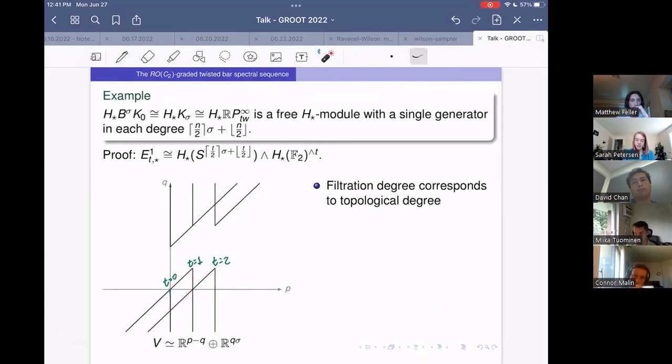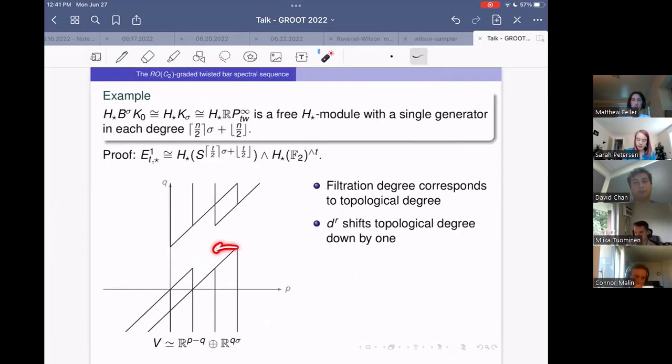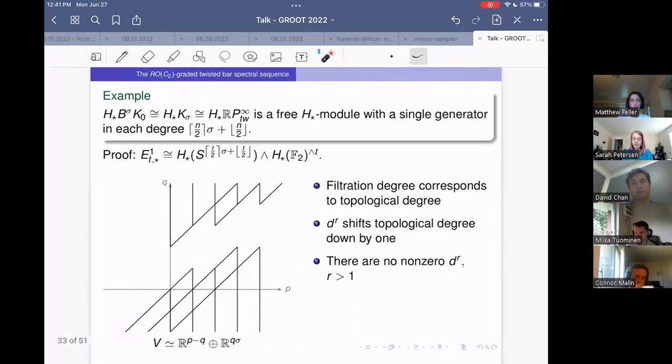And something about differentials: they can only decrease by 1 in filtration. So any d_r differential could at most hit something that's one spot behind it. And so this means that there can be no non-zero d_r differentials for r greater than 1.